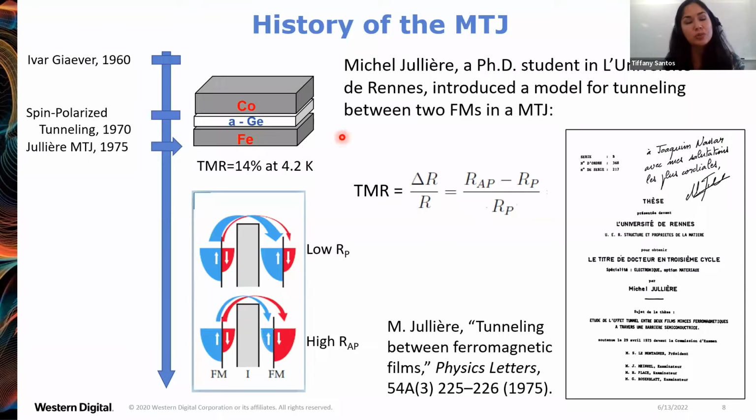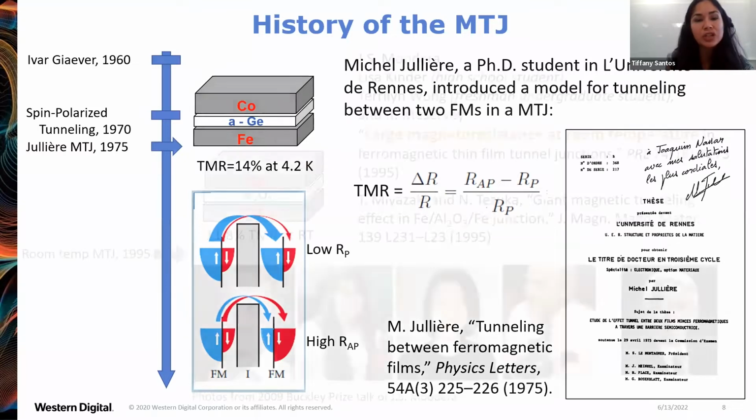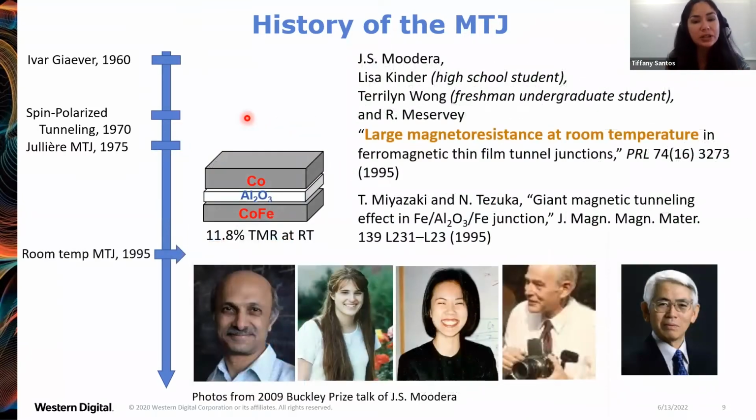However, going to room temperature, there was no more TMR. And there was no room temperature TMR until 20 years later, until this team here at the Francis Bitter Magnet Lab at MIT published this Physical Review Letters showing TMR at room temperature for the first time.